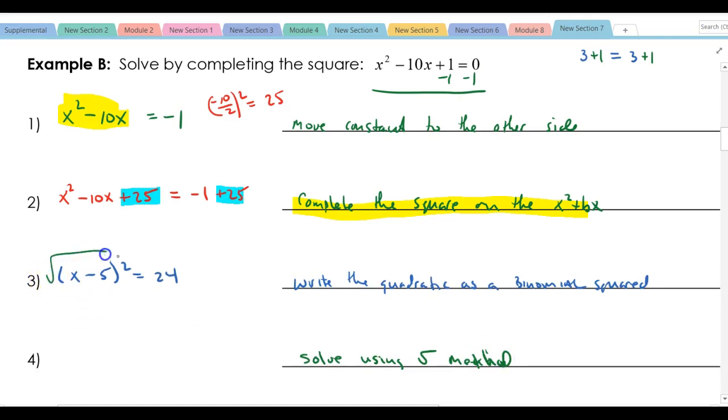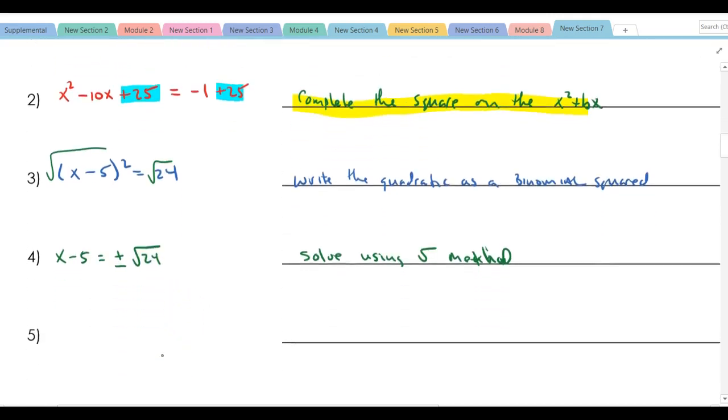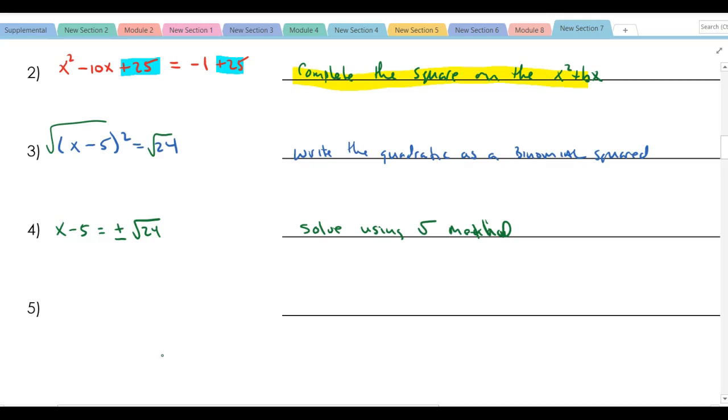So first thing I do here, take the square root of both sides. But remember, anytime I solve using the square root method, I have to keep in mind the plus and the negative square root of 24. And from here, I get two values, okay? When I solve it, I'm going to add 5.